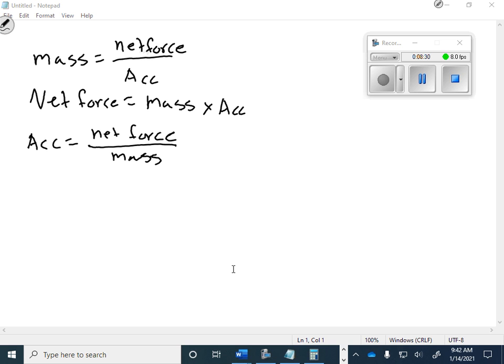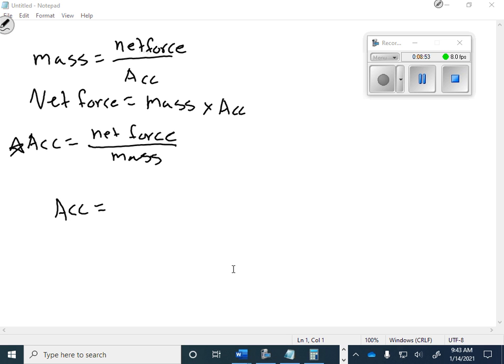Since we're finding acceleration, the equation that we want is one that says acceleration equals. So that would be this one right here. Acceleration equals net force divided by mass.